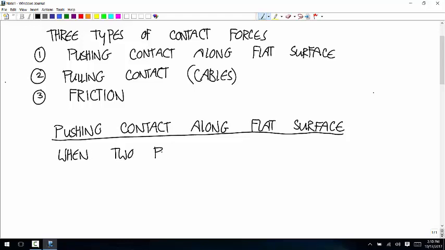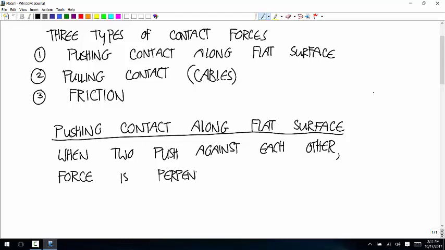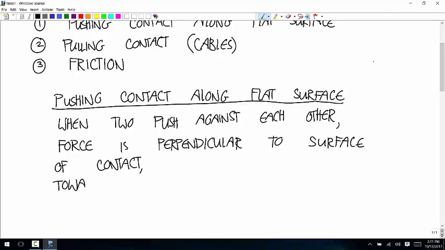So when two objects push against each other, the force is always perpendicular to the surface of contact, and toward the chosen body, away from the contacting body.